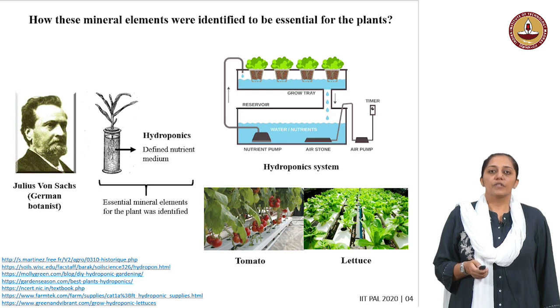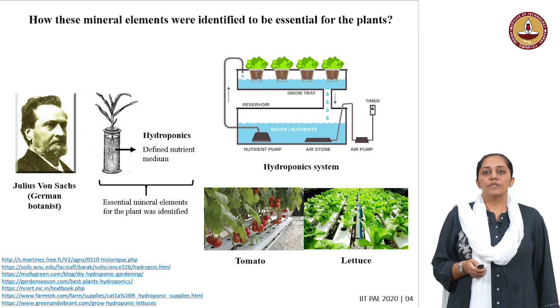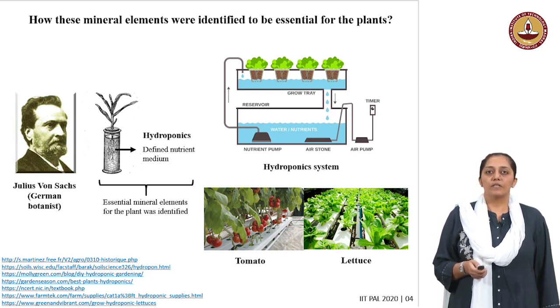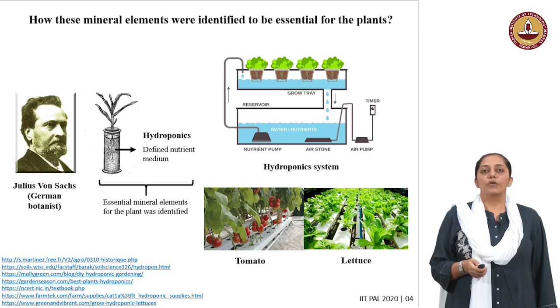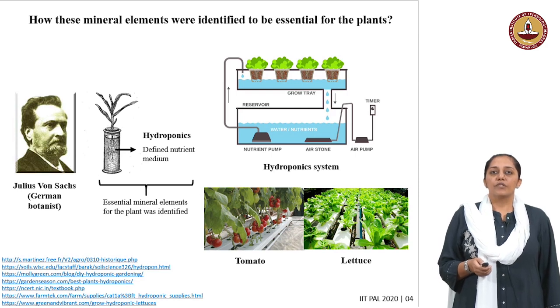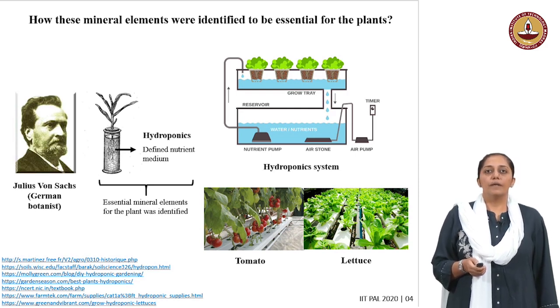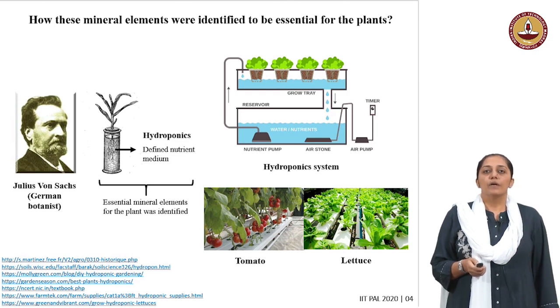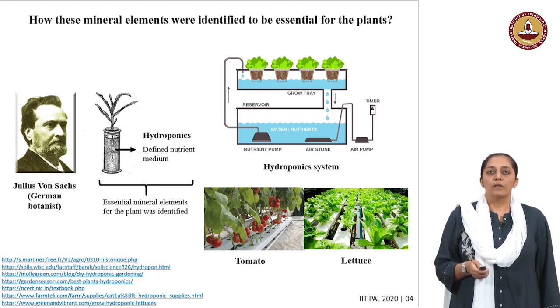If you see the picture on the slide, you can see how tomatoes and lettuce are being grown using hydroponic cultures, and the schematic shows the arrangement of the stacks in which the plants are potted, such that the roots are exposed to the nutrient solution.